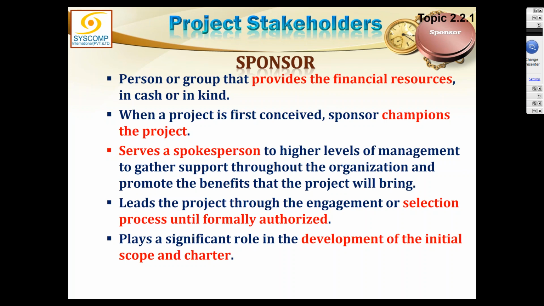Only when that exception occurs and you are required to interfere, then you interfere and manage. Otherwise, he is not actively involved in the day-to-day working of the project. The day-to-day working is the responsibility of the project manager.